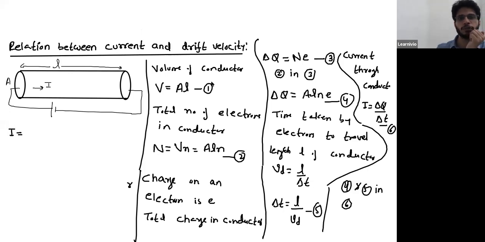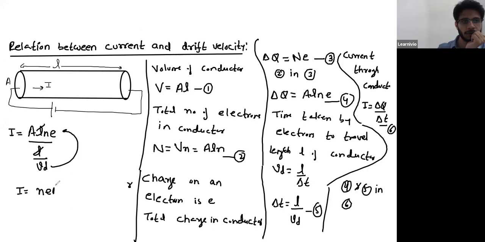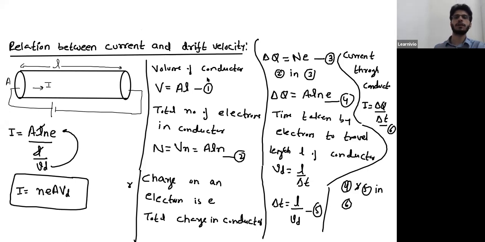So I comes out to be delta Q, which is ALne, divided by L over Vd. L will cancel, this Vd will come to numerator, and it comes out to be neAVd. So as expected, current and drift velocity are directly proportional to each other. So I is neAVd.